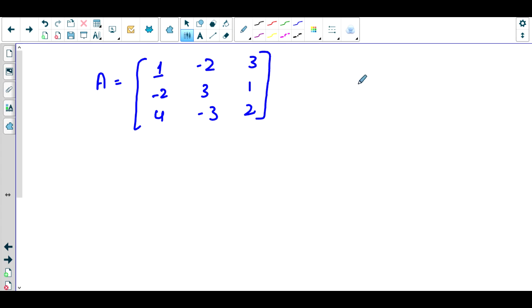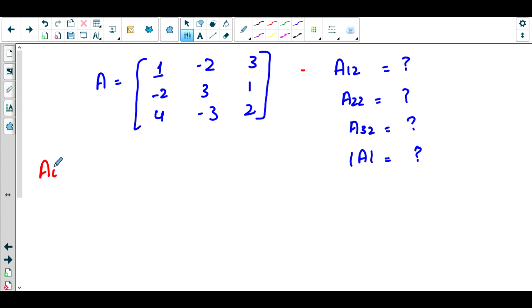We want to find first the cofactors A12, A22, and A32, and then we want to find the determinant. This is the question which has 4 parts. It says find first the cofactors A12, A22, A32, and then the mod of A. Let's start with A12.